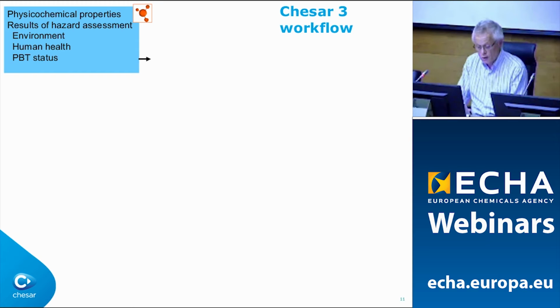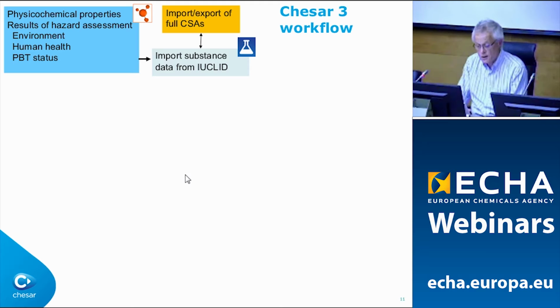The Chesar workflow is very much mimicking the REACH workflow, which I showed in the beginning. It's the assessment of the properties of the substance, the results from the hazard assessment. This is done in IUCLID. The information is then imported, and that's box 1, into Chesar.